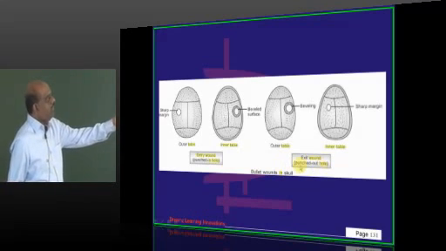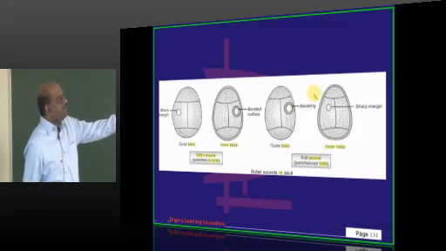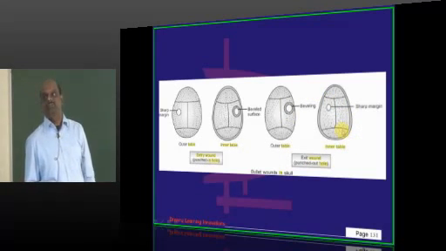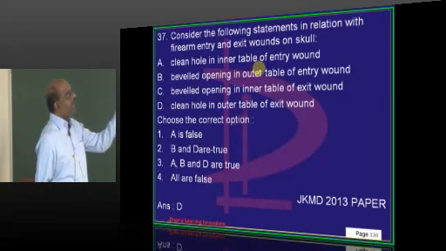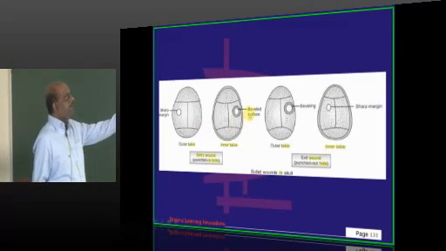The exit wound will have a punched out table, where the outer table has beveling, inner table will have the sharp margin. So that is the reason a clean hole in the inner table of entry wound is wrong. Typically in the inner table you don't have a clean hole, but you have a beveled surface.